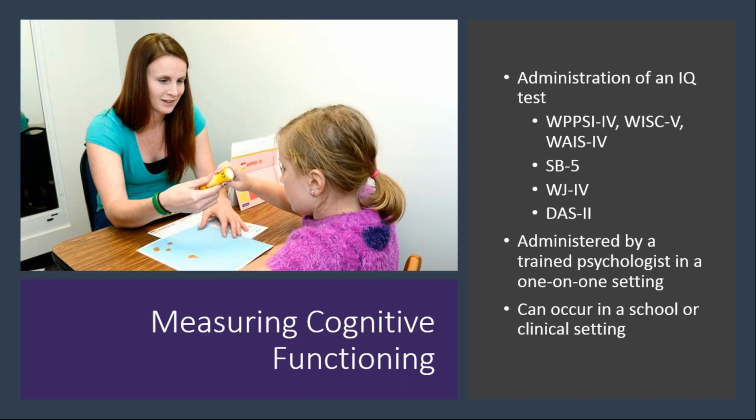For example, that first bullet point lists several tests that are all from the Wechsler family of tests, but the WPPSI, that first one listed in the picture here, has been developed to give to children who are younger, more preschool aged, versus the WISC, which is for 6 years old up through 15 or 16 years old. That's kind of middle childhood, versus the WAIS, which is an IQ test developed for adults.